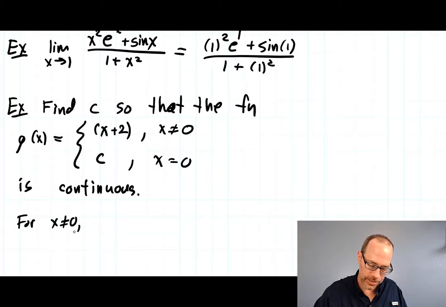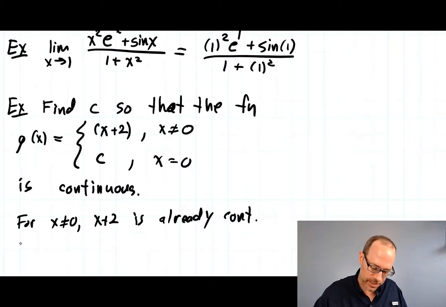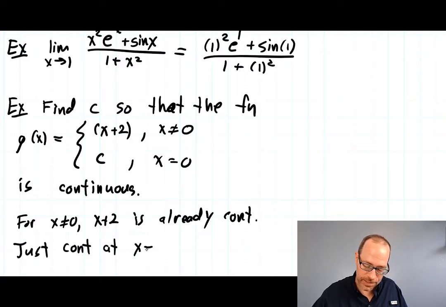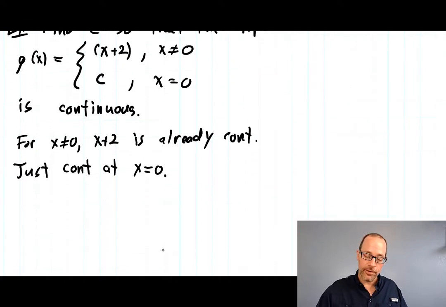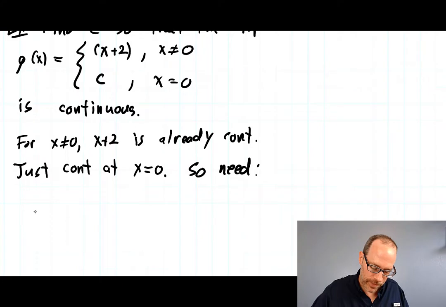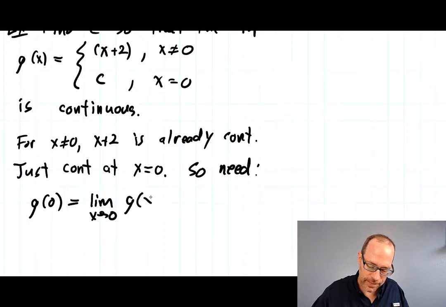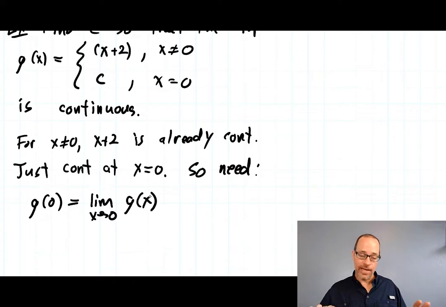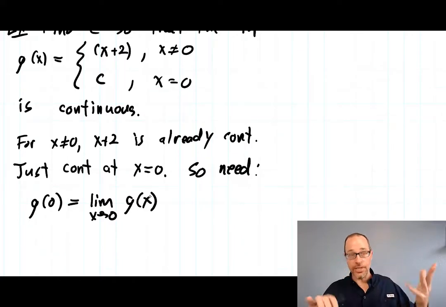So for x not equal to 0, x plus 2 is already continuous. We just need continuity at x equals 0 because that's the only point missing. So we must have the following. To be continuous at 0, you would have to have g at 0 being the limit as x went to 0 of g of x. And if we have that, then we'd have continuity at 0, which means we'd have continuity everywhere.